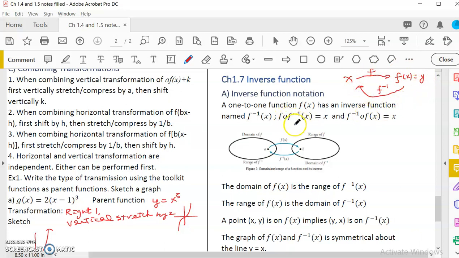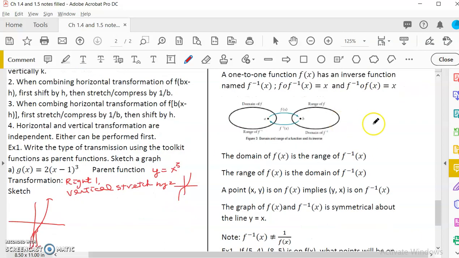So no matter how you compose f and f inverse, you're going to get back to x. This is the only case where the order of the composition doesn't matter. Usually f of g and g of f are different, but if they're inverses, then they both go back to x.